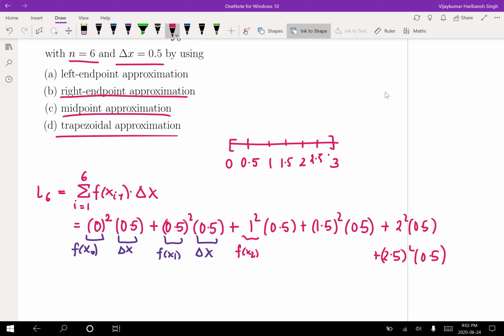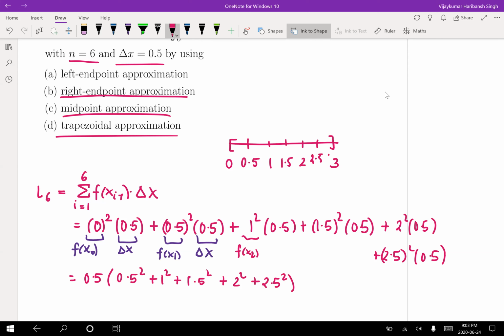It would have been a good idea to take 0.5 common right away to start with. You have 0.5 times 0.5 squared plus 1 squared plus 1.5 squared plus 2 squared plus 2.5 squared.